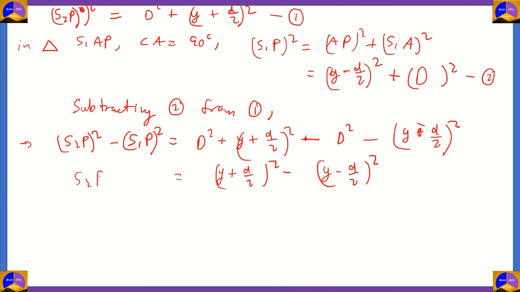This is similar to the algebraic identity a square minus b square.